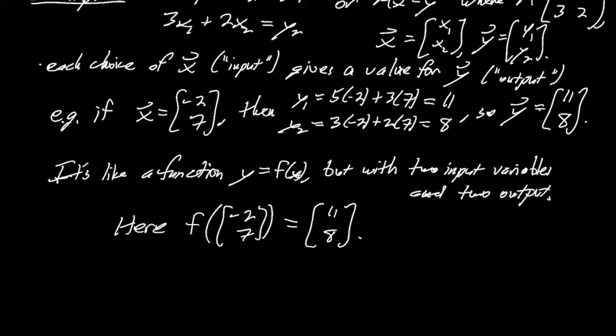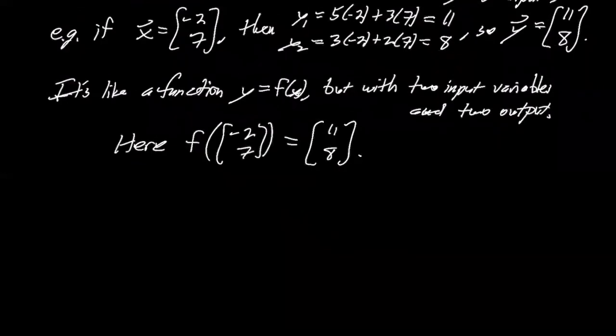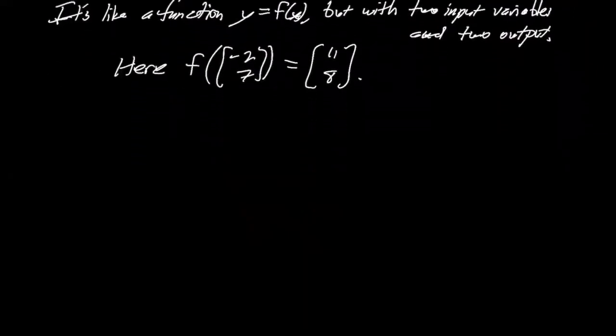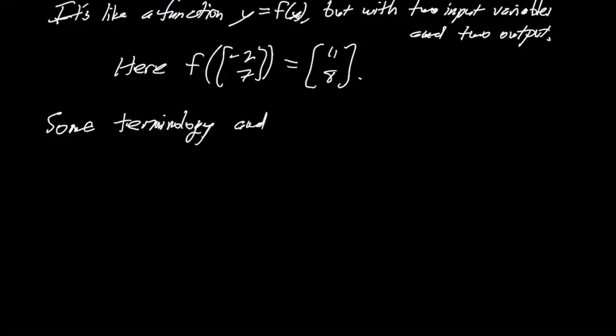But I want to pause before I delve deeper into examples and talk about some terminology and notation, because there is language in mathematics that is very standard, and I want you to know it so that it doesn't look too weird to you.